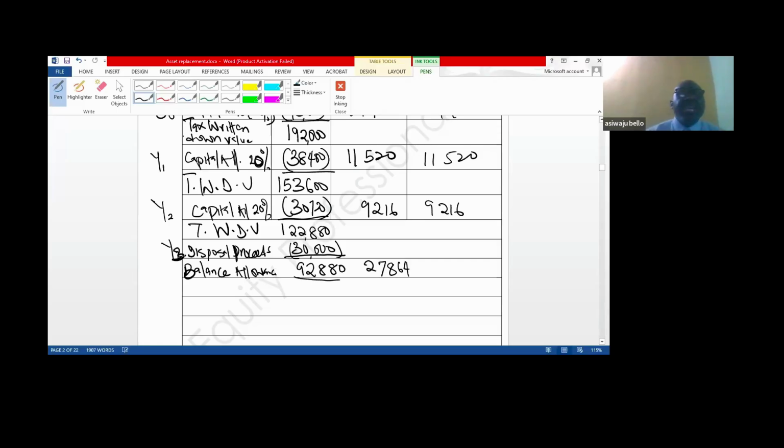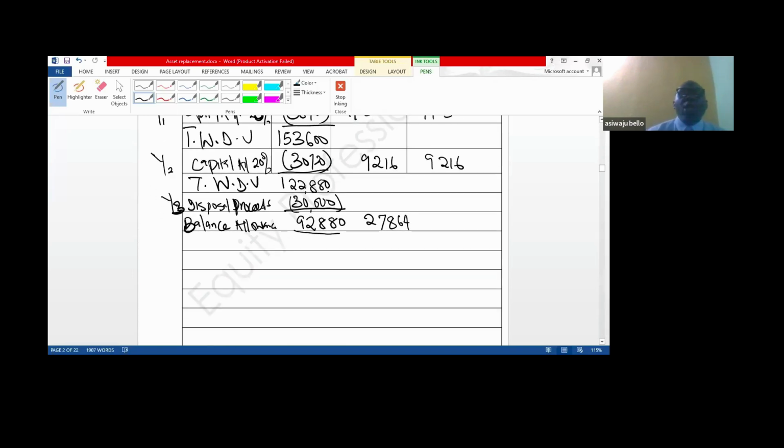When you now get to this year, since we are going to sell in year 4, you are not going to stop here. You now come here and say, after 4 years, you are going to pick the tax written down value, 122,880.